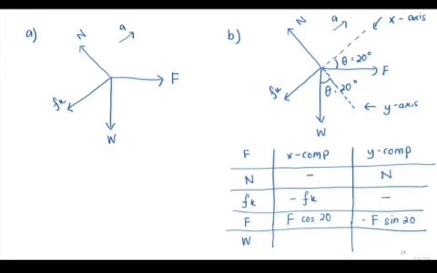since it pointing downward. And for weight at x component, it will be negative W sin 20 since it pointing to the left, opposite direction of motion. And for y component also it is negative W cos 20.